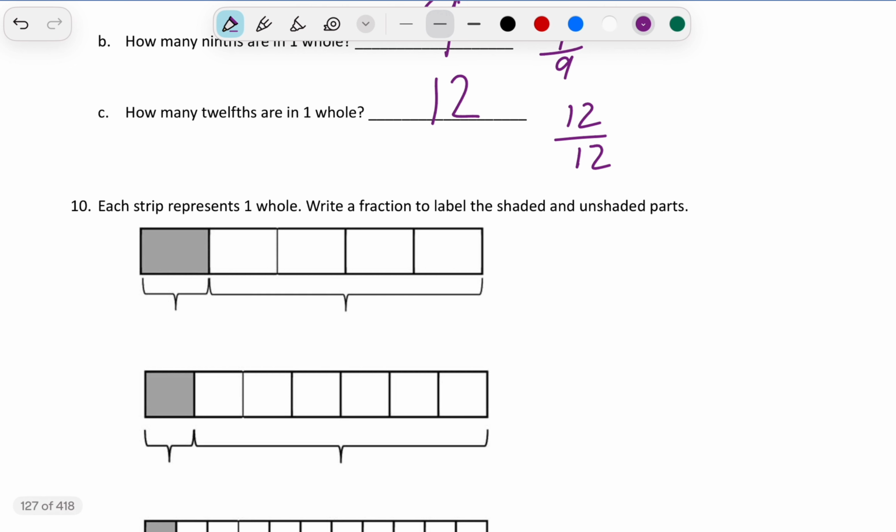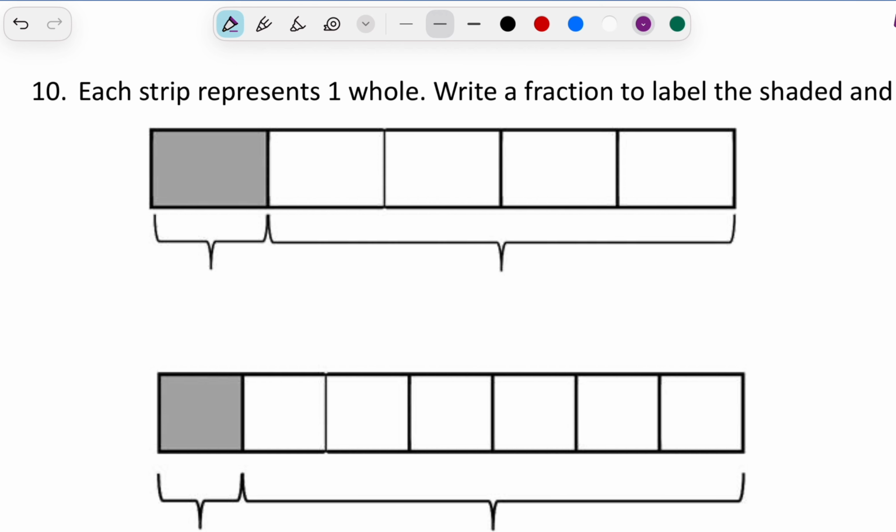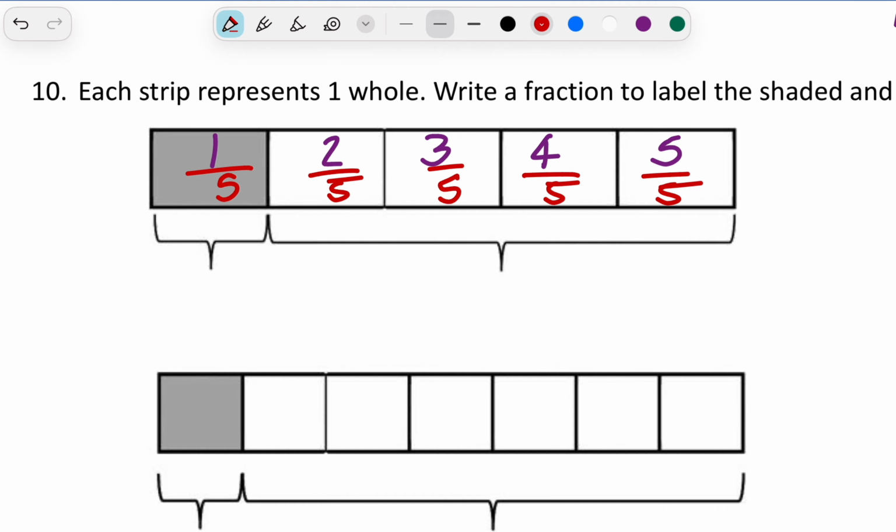Now, each strip represents one whole. Write the fraction to label the shaded and unshaded parts. Look at my brackets here. I'm going to number this as 1, 2, 3, 4, 5. So this is 1/5, 2/5, 3/5, 4/5, and then our whole is 5/5. This part of the bracket is asking how many are shaded here.